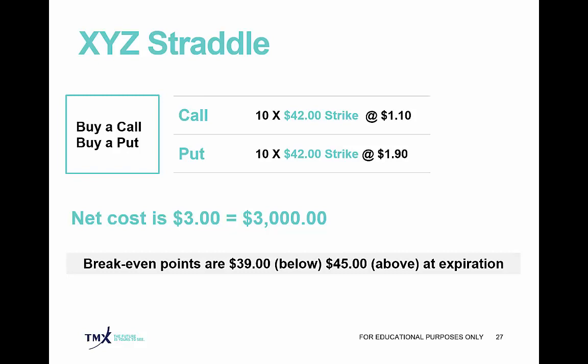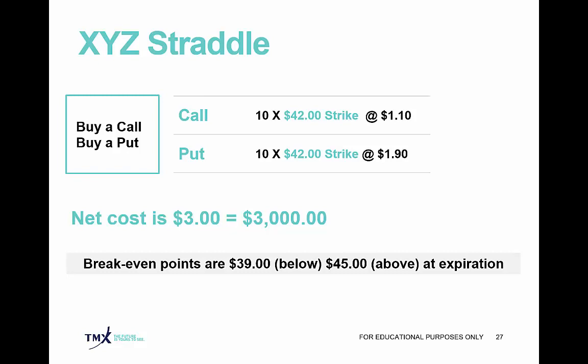We're going to buy 10 42 strike puts at $1.90 or $190 per contract, or $1,900 for the 10 contracts, with a net cost of $3 or $300 per straddle, or $3,000 for the 10 positions.